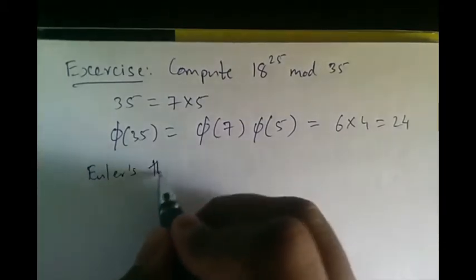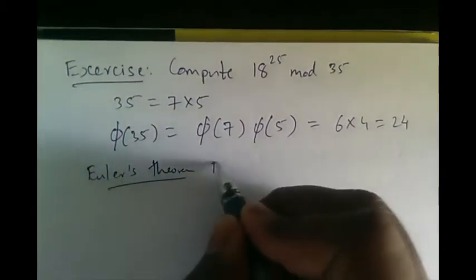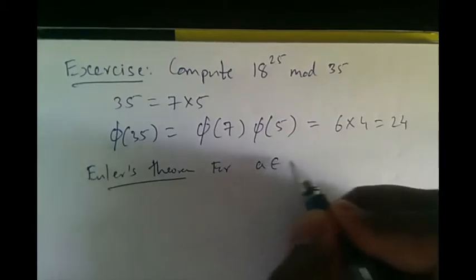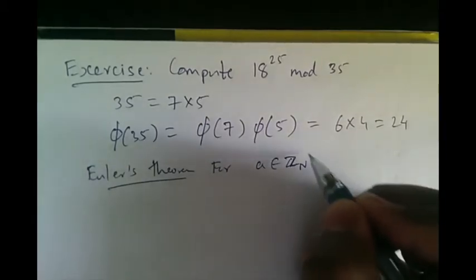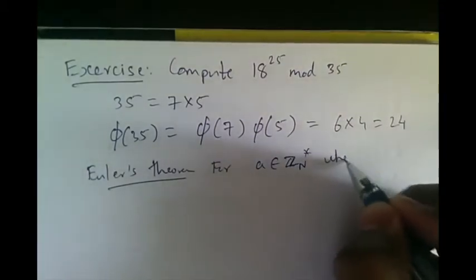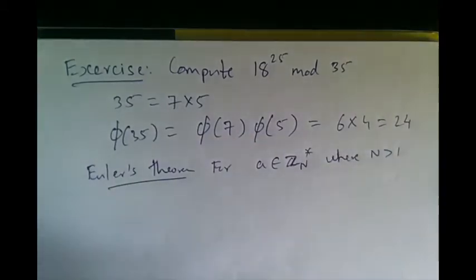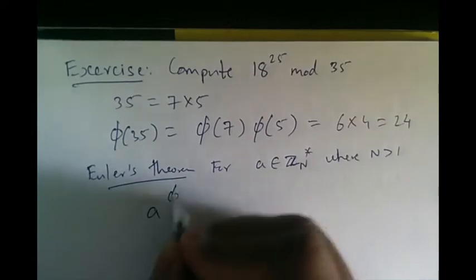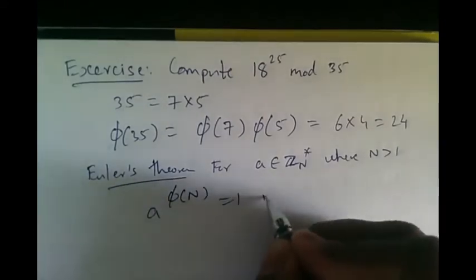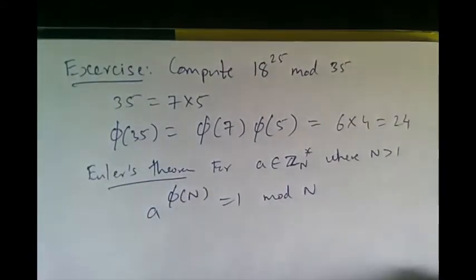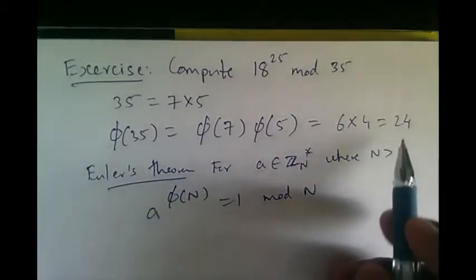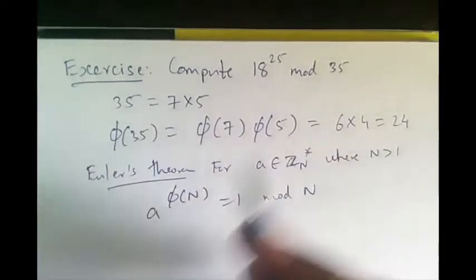Yeah, it is Euler's theorem. It said that for a in Zn star, where n is greater than 1, a to the phi of n equals 1 mod n. So we have 24, and conveniently we have 25 here.